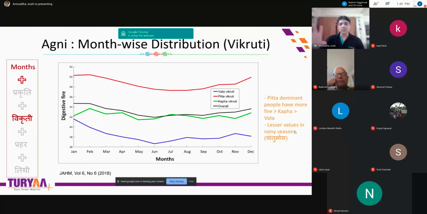So you can see that Pitta people always have a higher value as compared to Kapha, as compared to Vata. Also, they show nature where their numbers are lower during rainy seasons. So you can observe that some people always have higher digestive fire as compared to Kapha people as compared to Vata.